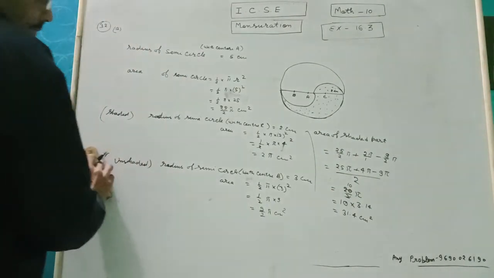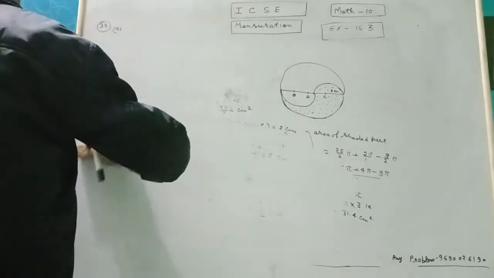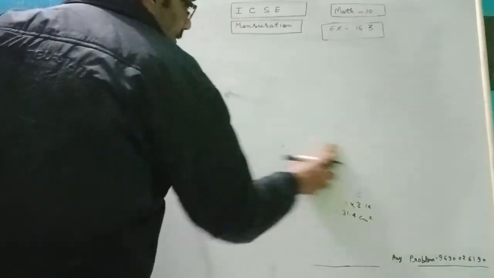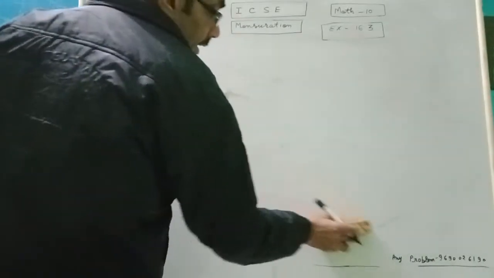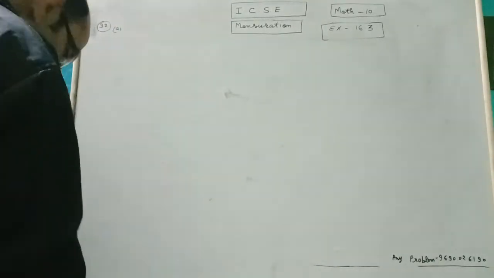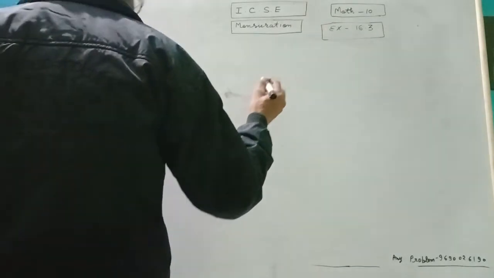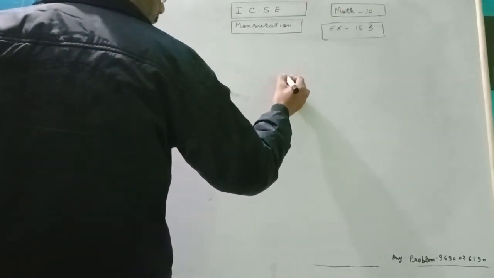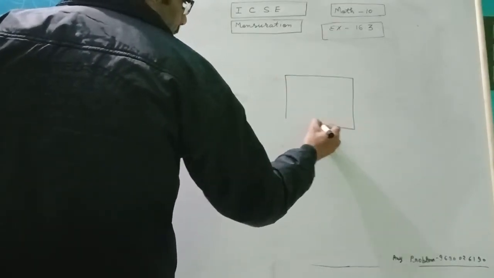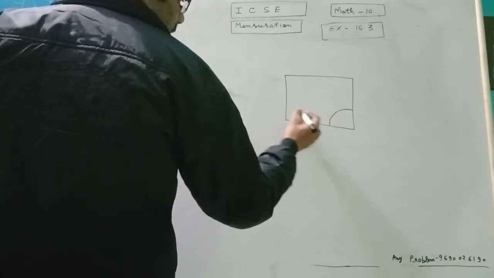Second part is B part of the 32 question. A square and 4 corner is quadrant and one circle is in the figure. Square has 4 corners, 4 quadrants.